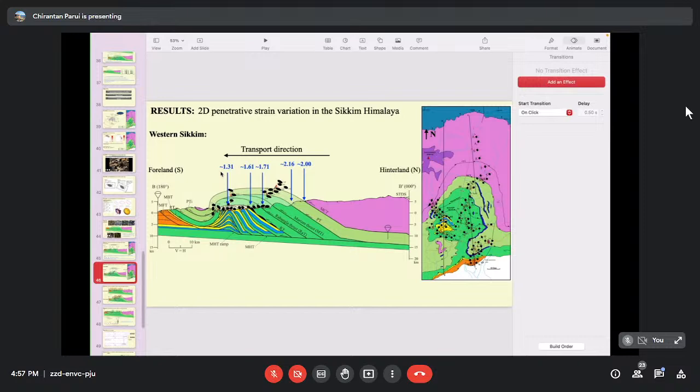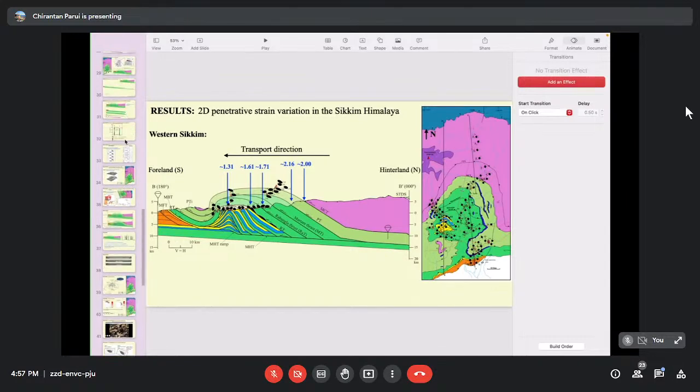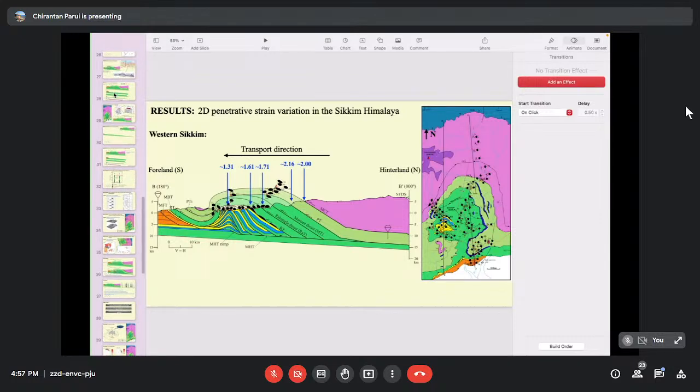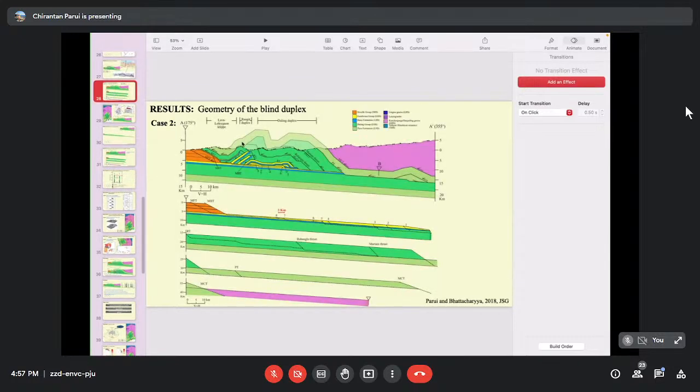One or two clarifications I would ask: you mentioned that there is a blind duplex in real life. So what are your controls for bedding data for the blind duplex? How do you get the bedding measurements for one which is blind?